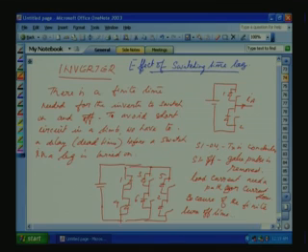So what happens? S1 is on. Depending on the current direction, even though the gate pulse is given, if the current is positive, let us say the current is in this direction and S1 is on, then the transistor or the power device will be conducting. But for an inverter operation, this current can be negative also.